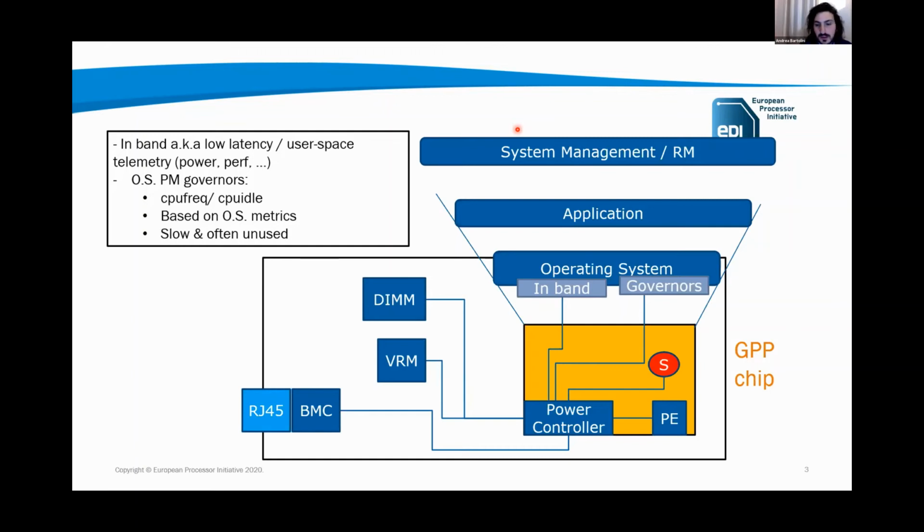In a Linux operating system, we have power governors which implement for the user the frequency abstraction, so the user can request a given frequency for a given processor. Underneath the governors, the one who takes the real decision on the frequency at which each core is running is the power controller unit.